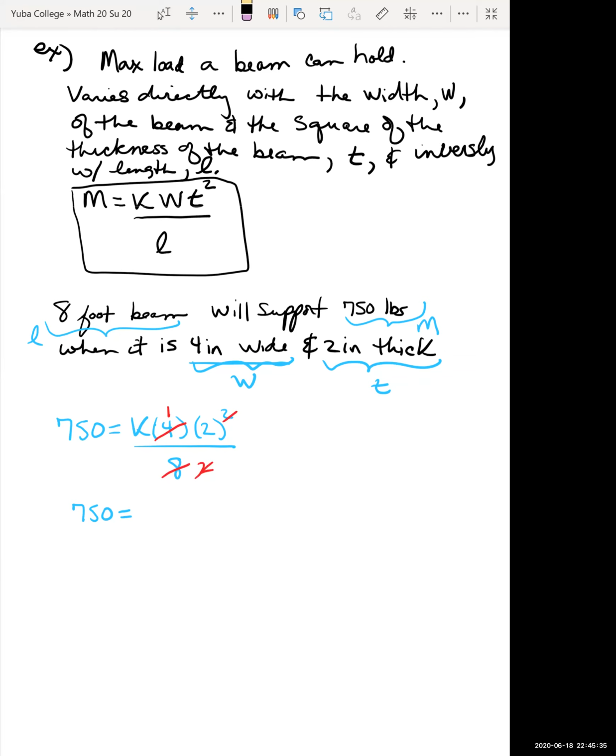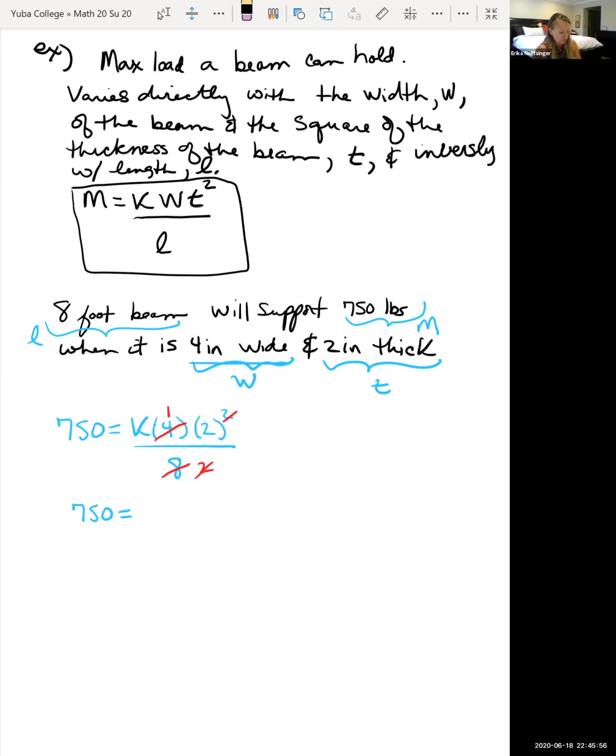Wait, shouldn't you change the feet to match the inches? I don't think we have to. That's a good question, though.